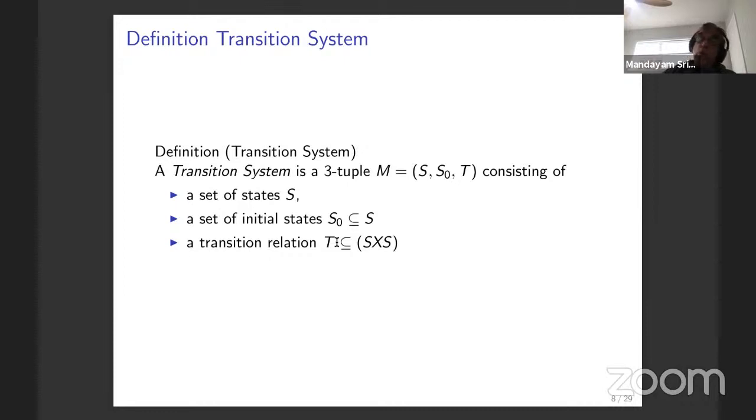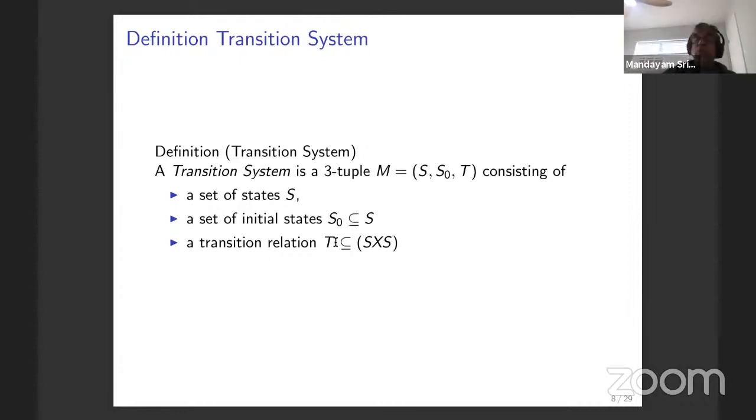Now you are at liberty to choose the granularity of your transition system. In other words, you're at liberty to choose at what level you want to model the transition. So let's get to the example. Since the choice of the variables to include in a state and the granularity at which you want to define this transition relation is your choice, you can model time at whatever granularity you want.